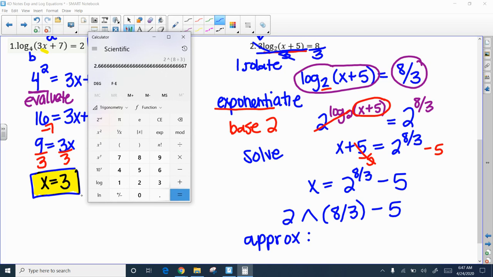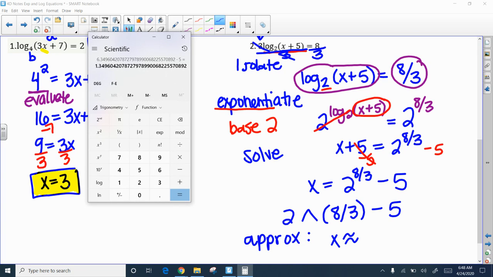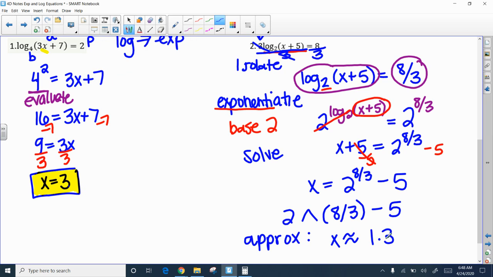So 2 to the 8/3 power, and that equals 6.349. And then don't forget, we're still subtracting 5. So we get x is approximately 1. We'll round this to say 1.350.